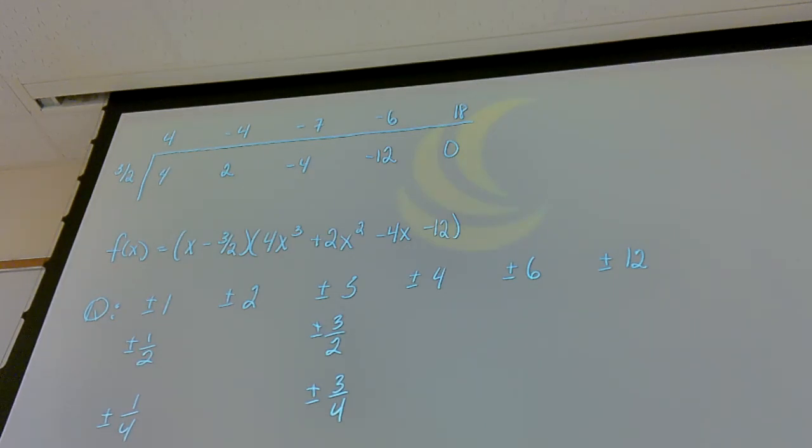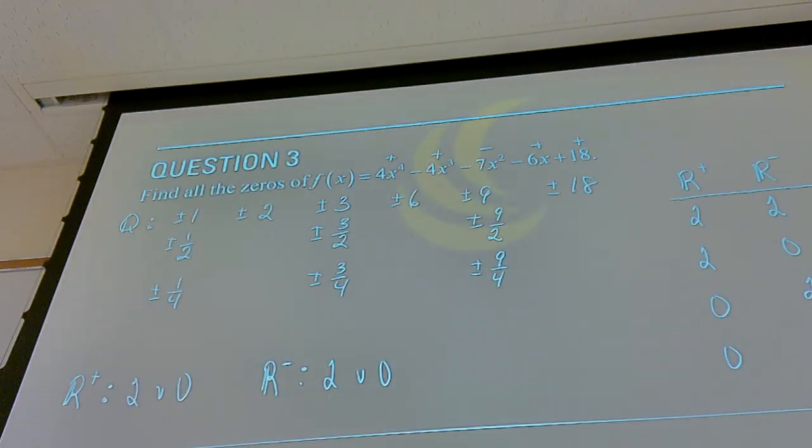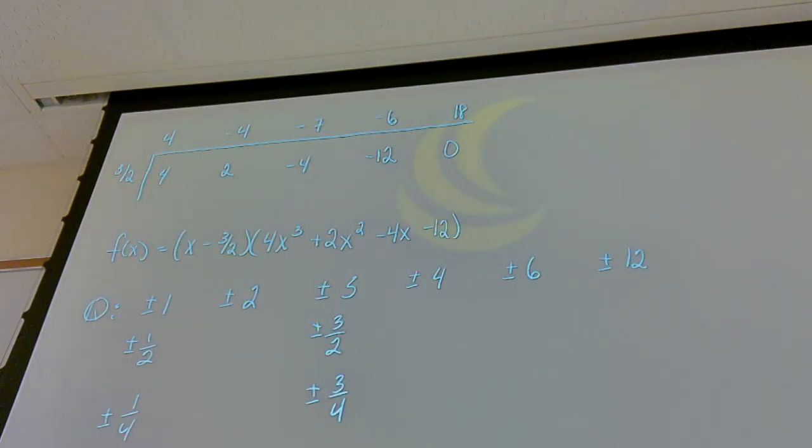What else wasn't there? Four. That means they can't be zeros. Everything else was on the original list, so that's still fair game. We found a positive real zero, which means we still have one left.